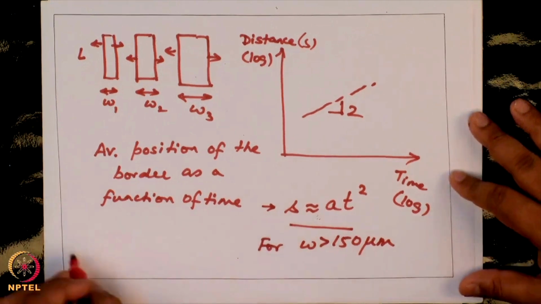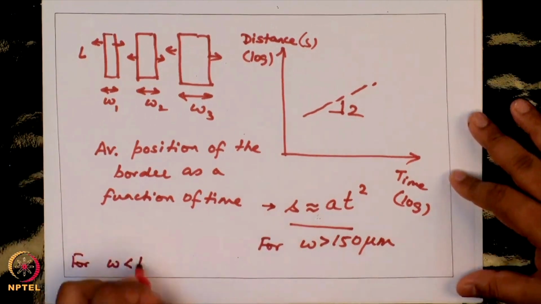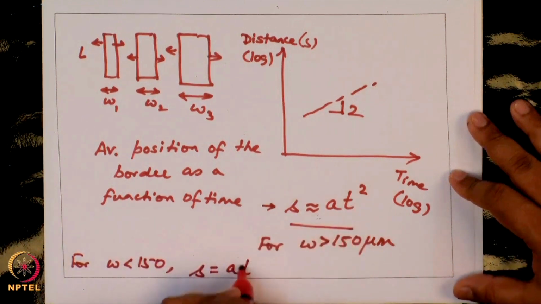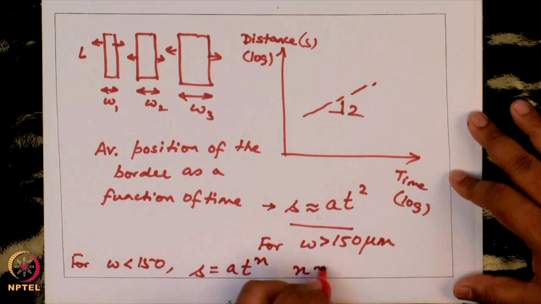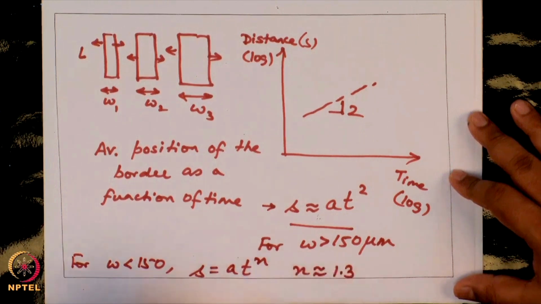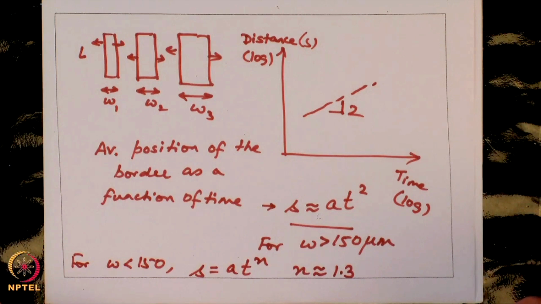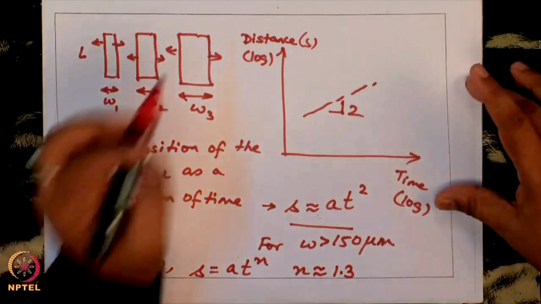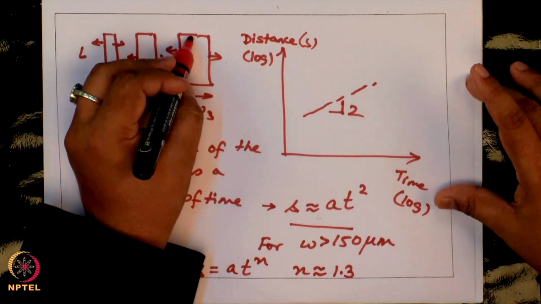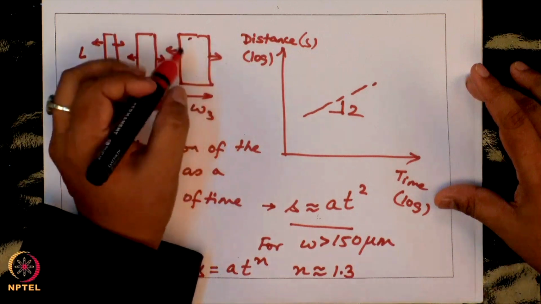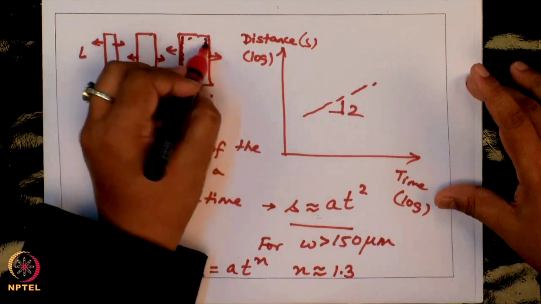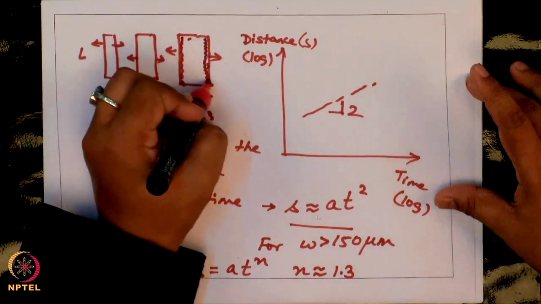Okay. However, for W less than 150, if I were to plot it as S is a t to the power n, then this n value was approximately 1.3 for widths which were smaller. Okay. So, what is possible? Why did the authors observe this difference? One possibility is when you have cells from a bigger patch migrating, then the cells at this edge don't know of what is happening to the cells at the opposite edge.